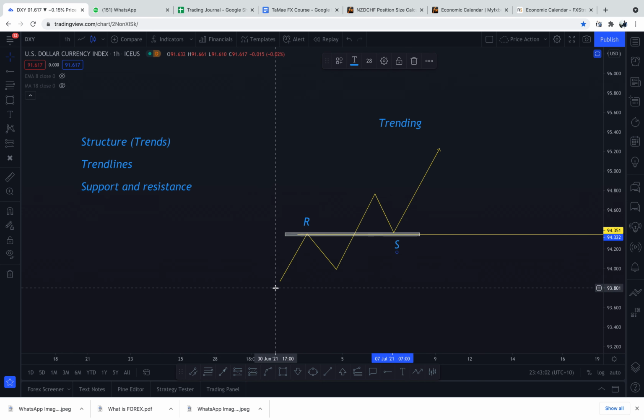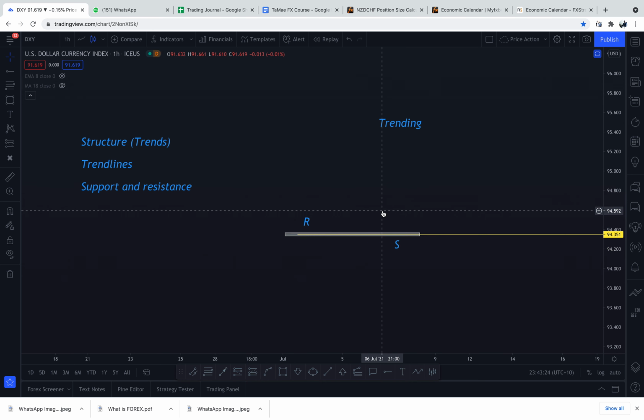So that's resistance and support. Price is moving in either direction, up or down. If it hits here and comes down, it means there is a resistance here. If it breaks through and comes back to where it previously found resistance, it becomes support. That's why you hear people saying resistance turned into support. So this is an uptrend.